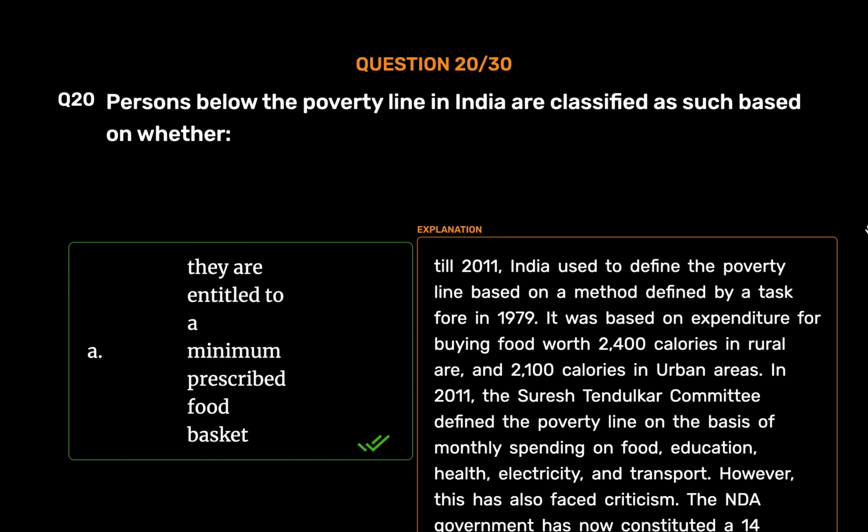In 2011, the Suresh Tendulkar Committee defined the poverty line on the basis of monthly spending on food, education, health, electricity, and transport. However, this has also faced criticism. The NDA government has now constituted a 14-member task force under Niti Aayog's Vice Chairman Arvind Panagariya to come out with recommendations for a realistic poverty line.